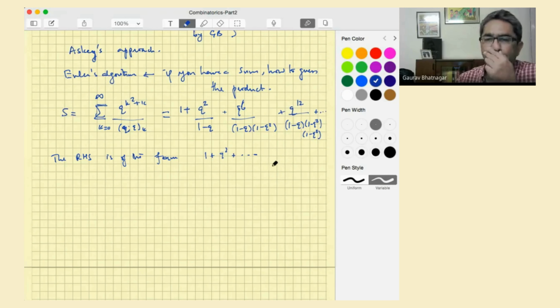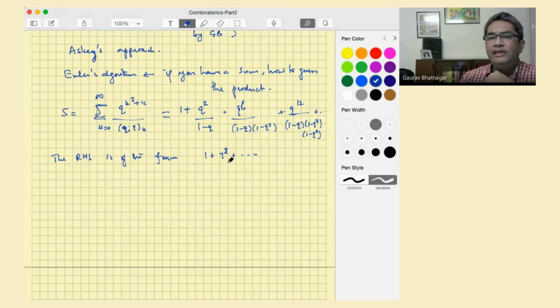Is that clear? The smallest term will be q square, because 1 over 1 minus q will become 1 plus q square, and so on. And this will have the smallest term q raised to 6. Whatever you get by expanding these, you will get q raised to 6 as the smallest. So q square is the smallest term.